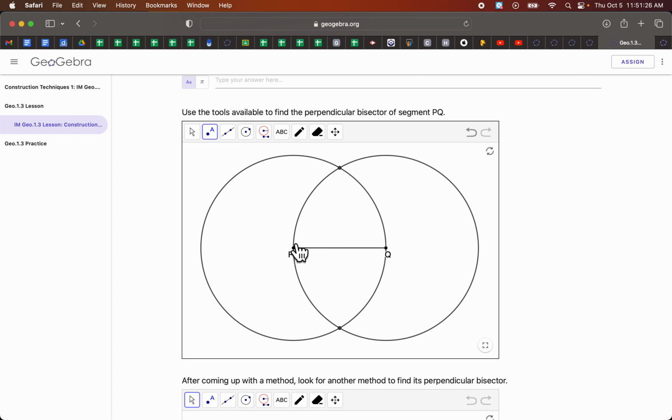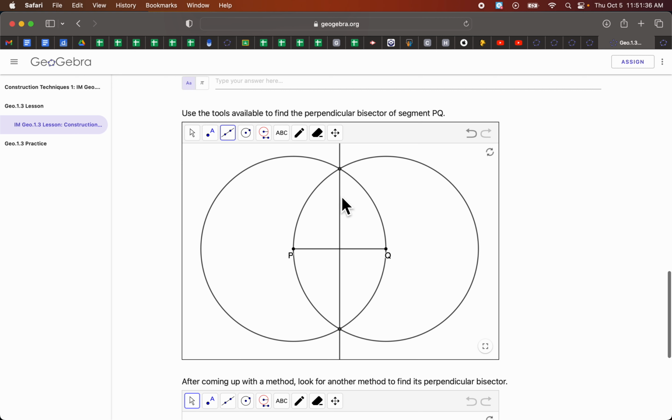Now, if we think about P as being the plant and Q as the roll of paper, we could say that all of these points on this line are the same distance away. So if I have a point that's like right here, that point is the same distance away from P as it is from Q, right? Because you stood on this line in between the plant and the roll of paper.